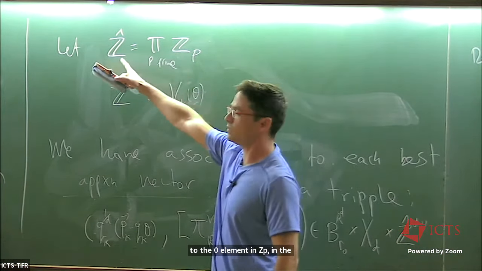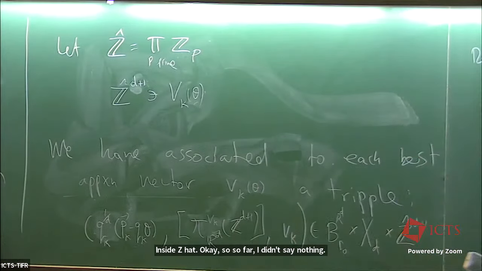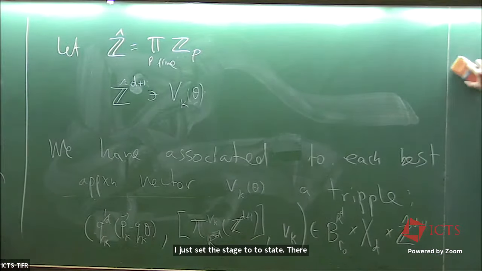So I managed to capture arithmetic data on the vector of best approximation by knowing where it is situated inside Z hat. Okay, so far I didn't say anything. I just set the stage to state the results. Okay, and now come the results.